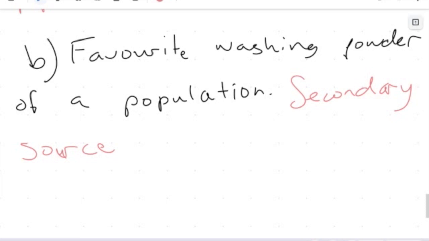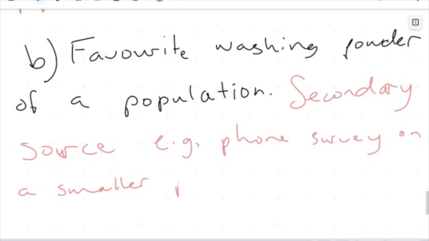This is going to be too big of a thing to run for something, a favorite washing powder, something quite trivial. So something like a smaller agency may run something like this, from, for example, a phone survey on a smaller part of the population.